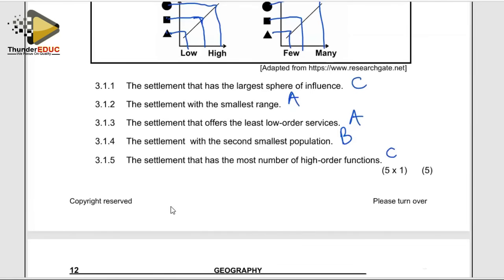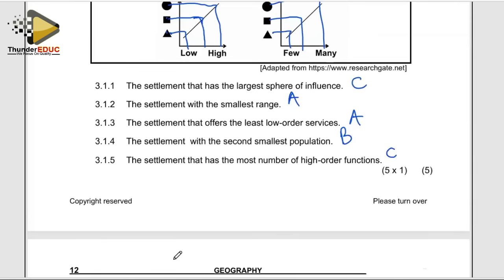It's a high order function. That's the sense there. The range differs with the level of the service. High order services have got a bigger range. People are prepared to travel for longer distances. Or even the same with goods. Let's say, for example, we are comparing bread against maybe a latest model of a car.